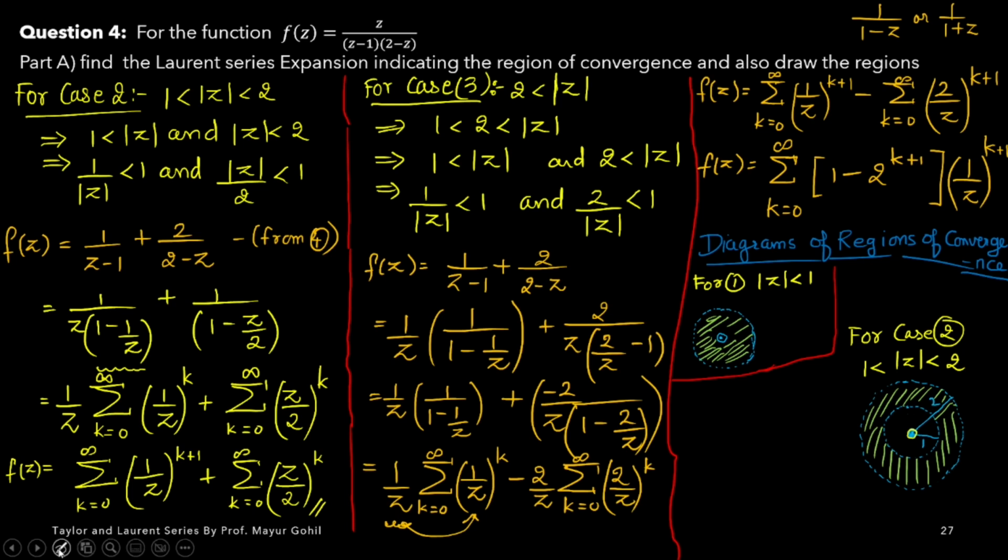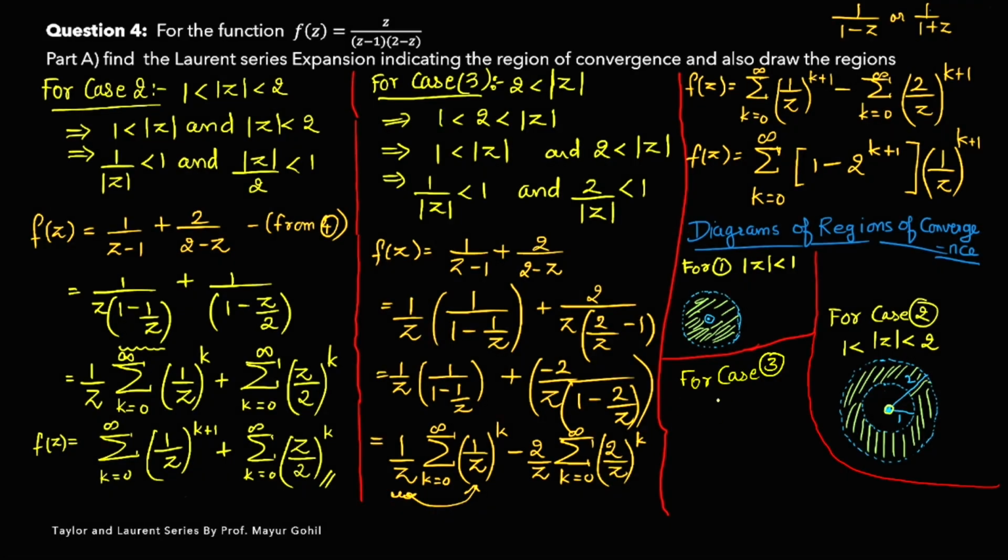Now for the third case, I'll put the separator first. So this is for case number 2, and now for case number 3 we have 2 less than |z|. Remember the circle should be a dotted circle, centered at origin.